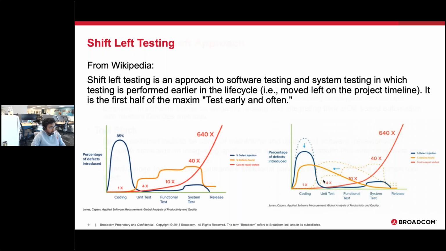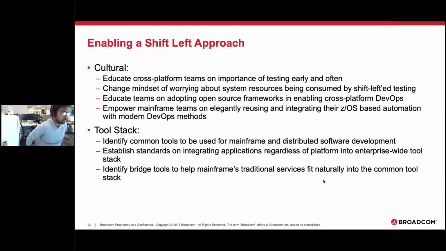Now, how do you actually enable such an approach, the shift-left approach? From my own experience of us going through this process at CA Broadcom, we went through our own Agile transformation, which started in 2011 or so, and I was part of development teams before and after.